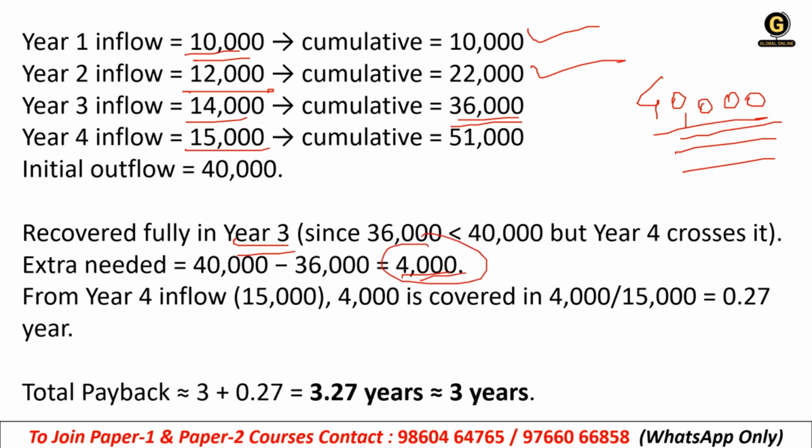In the fourth year, 15,000 inflow was added, so the 4,000 was covered in the fourth year. So 4,000 divided by 15,000 is 0.27 year. Total payback is 3 plus 0.27, that means 3.27 years. So basically we consider it 3 years, and the right answer was 3 years.